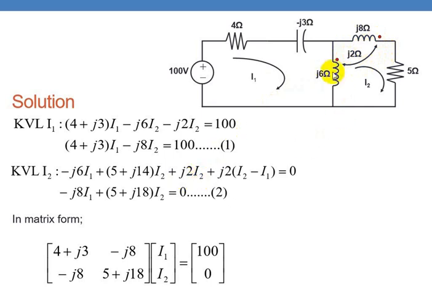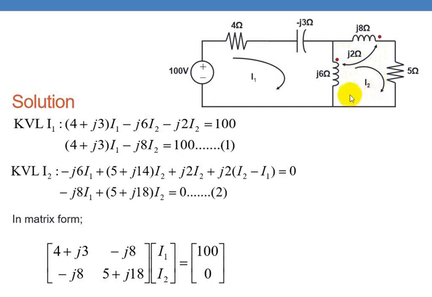So now let us see the sign. While considering this coil, the voltage drop in the mutual inductance will be j2 into the current in this coil, which is I2. Now you have to determine the polarity. You are writing the equation for the second mesh, so in the second mesh the current I2 is considered to be positive.